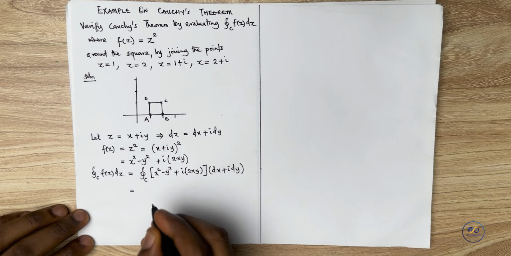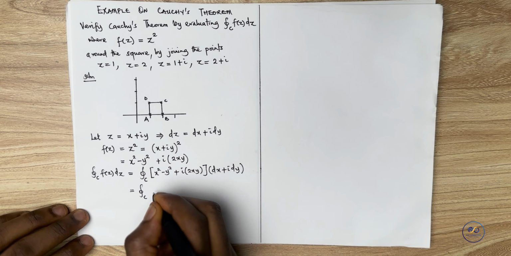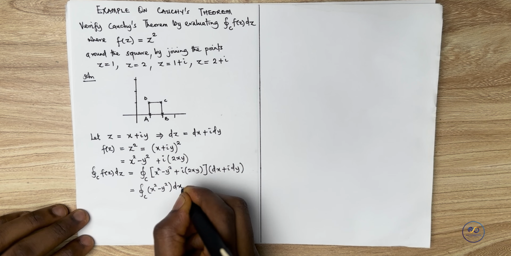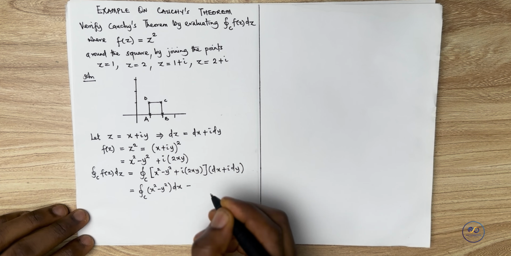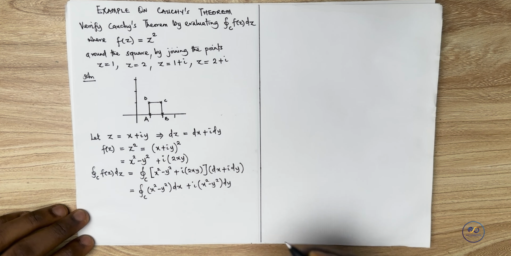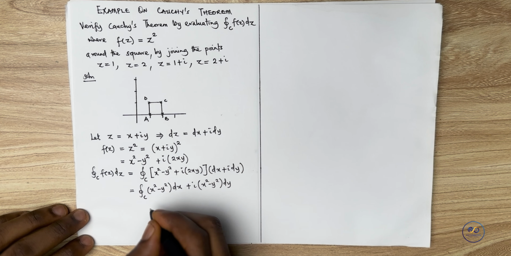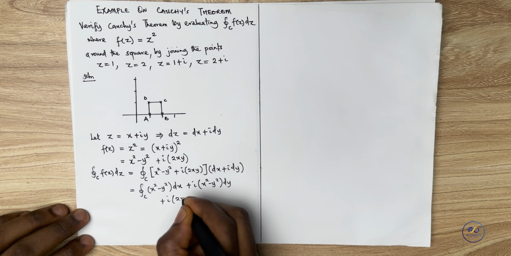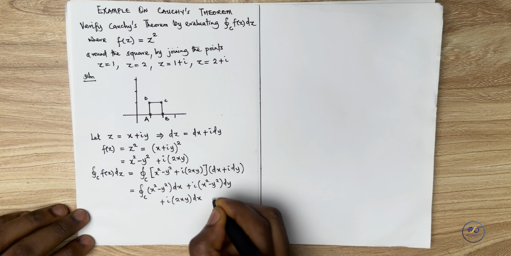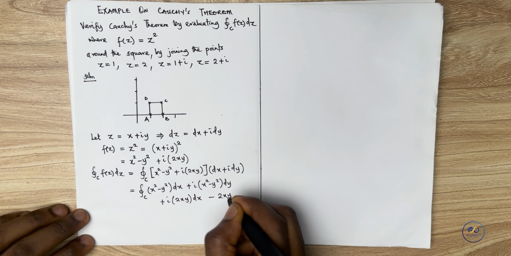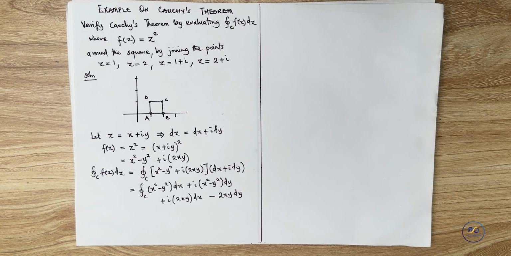So we would have the integral over c of x squared minus y squared dx, plus i times x squared minus y squared dy, and then plus i 2xy dx, then minus, because i times i is i squared, 2xy dy. This is what we have.